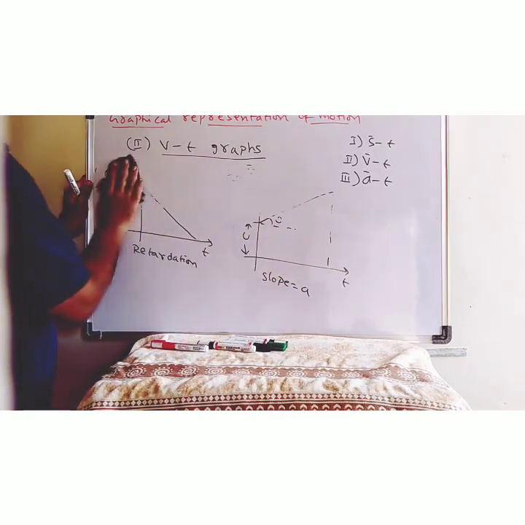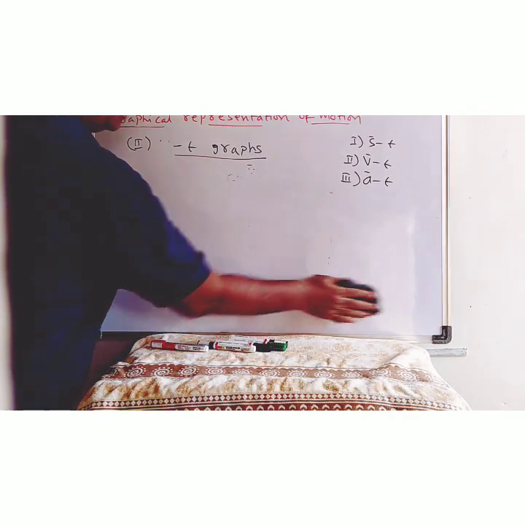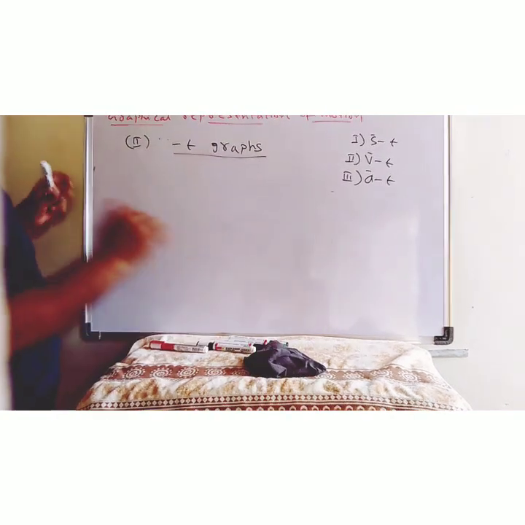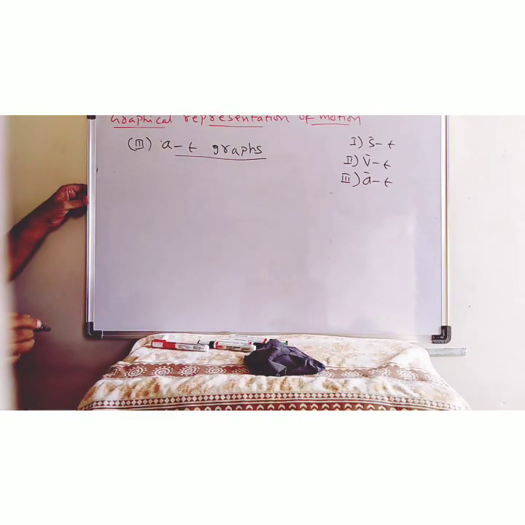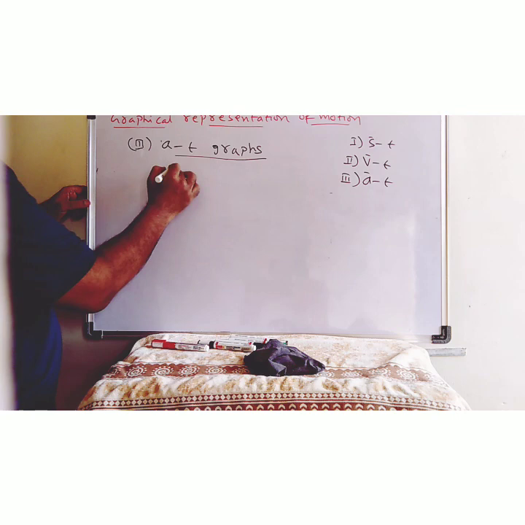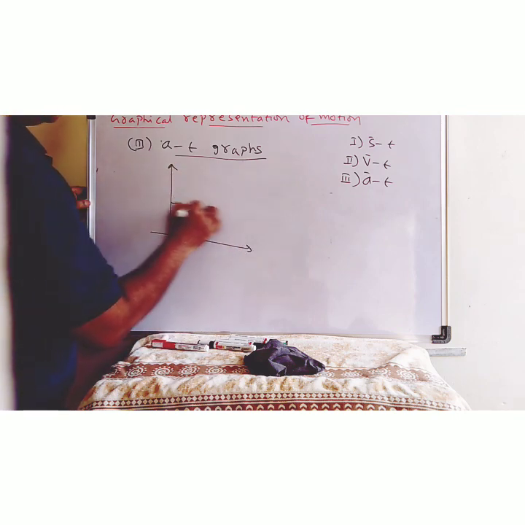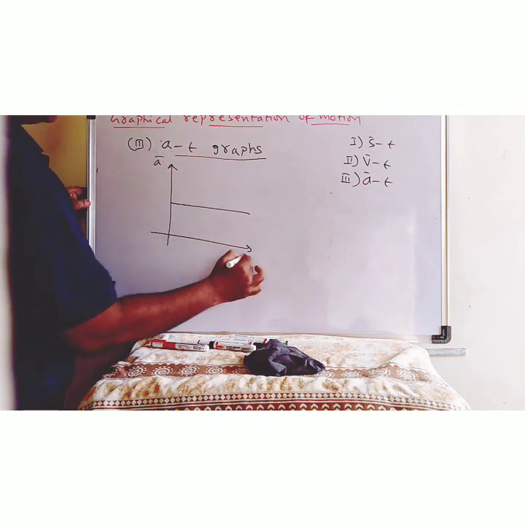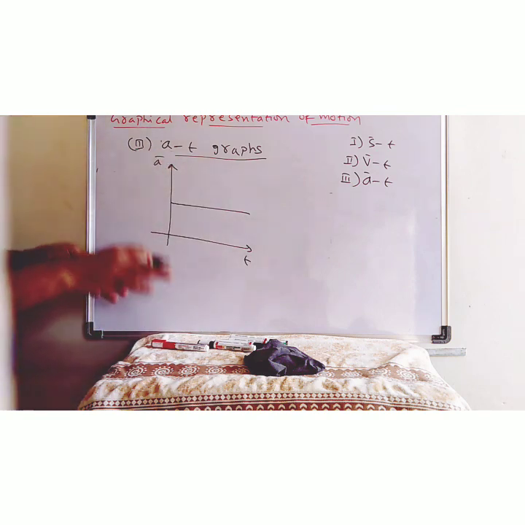Apart from this, let us look at another one. The third one, the important one, is the acceleration time graph. In the case of an acceleration time graph, there is only one possibility, a straight line. Suppose this is acceleration, this is time. Acceleration means the rate of change of velocity.